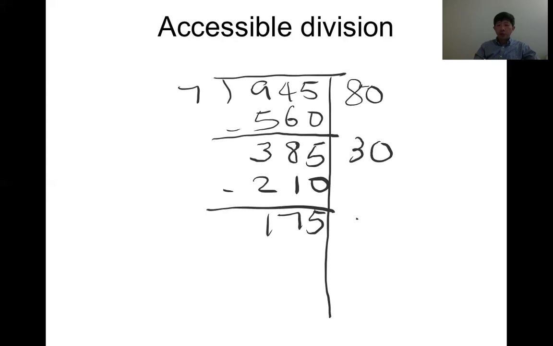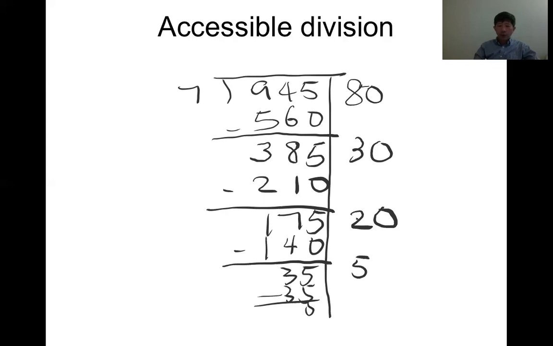Can I do 20? Yes, do 20. 7 times 20, 140. Oh, I got a 35 again. And then we have 5 times 7, 35. Add up the total: 80 plus 30 plus 20 plus 5, which is 135.